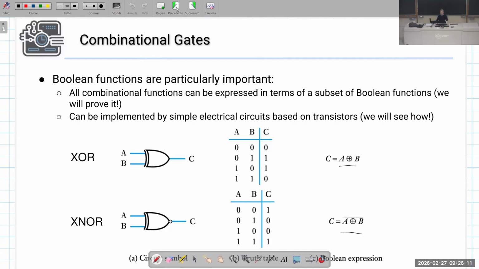In particular, we will show that just using NAND functions or just using NOR functions it is possible to implement any combinational function described by any truth table filled in any possible way. Later on in the course, we will explain how to do that. Clear?